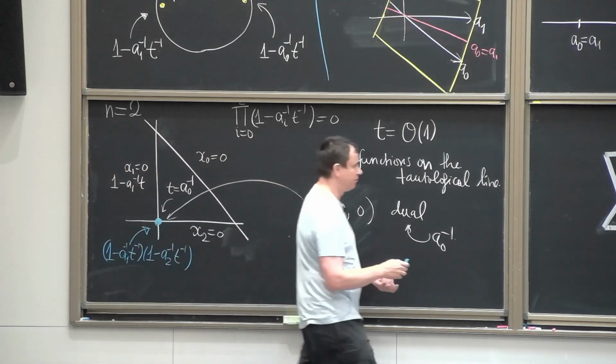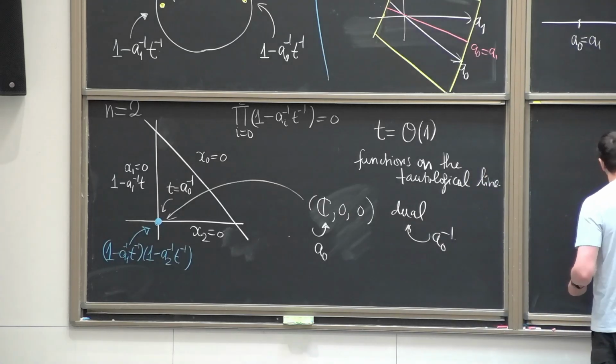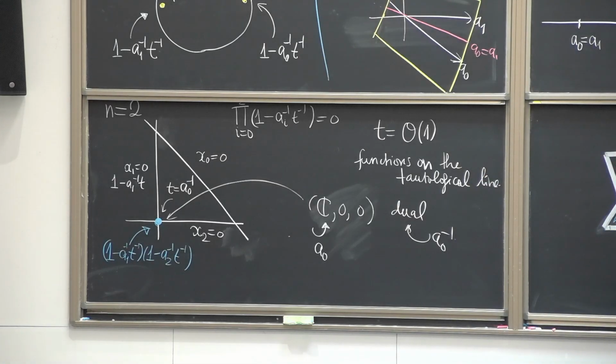So maybe I'll draw one of them and highlight one of them. Doesn't matter which one. Let's say this one. This is where T equals A0 inverse.